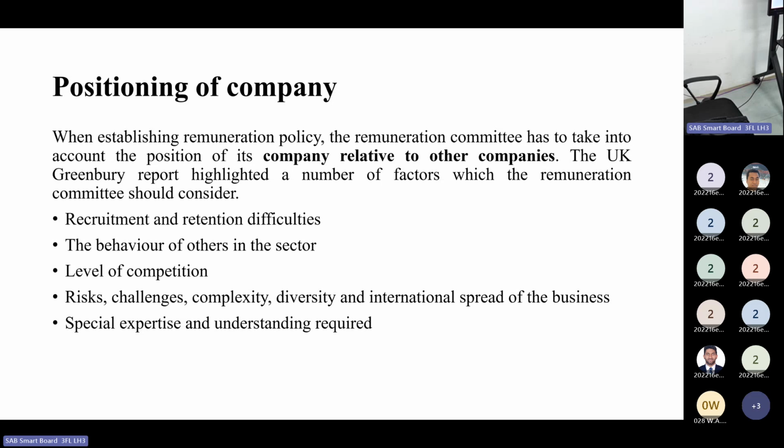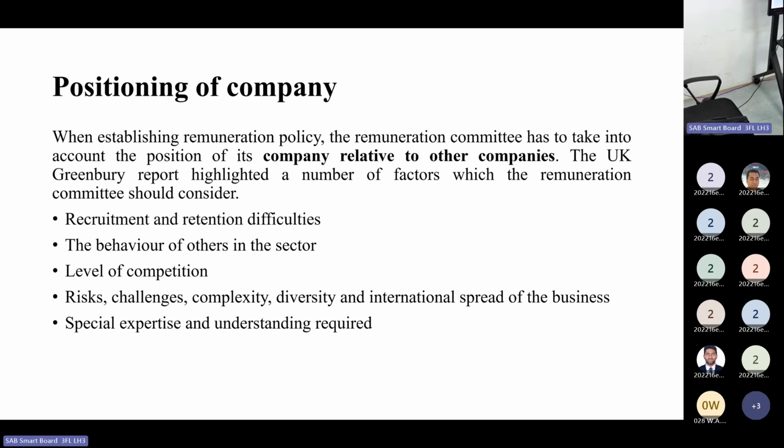When establishing remuneration policy, the remuneration committee has to take into account the position of its company relative to other companies. The UK Greenbury report highlighted a number of factors which the remuneration committee should consider. Right? අපි position කරලා බලන්න ඕනේ අනික් company වල directors ලා, මේ level එක අපේ company level එකේ ඉන්න directors වලට කොහොමද pay කරන්නේ කියලා. Right? That is a must, positioning.